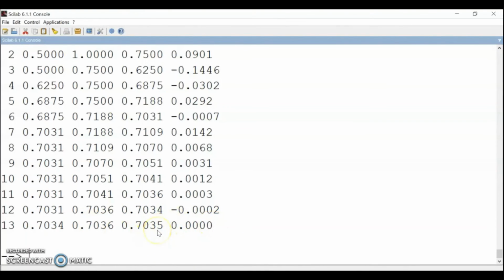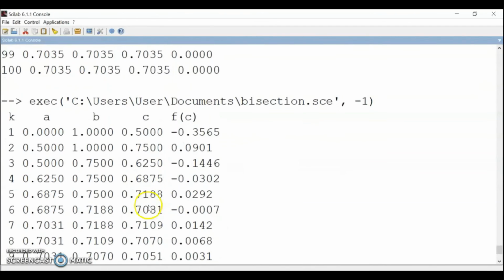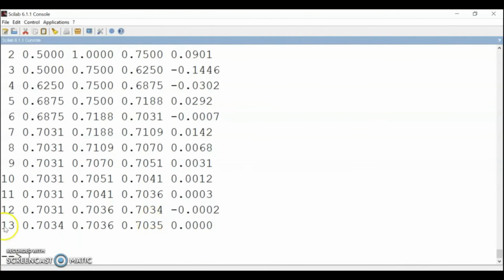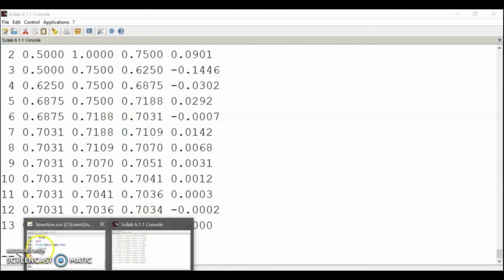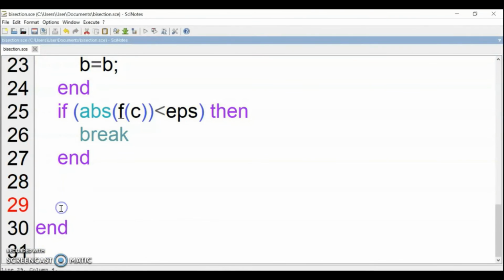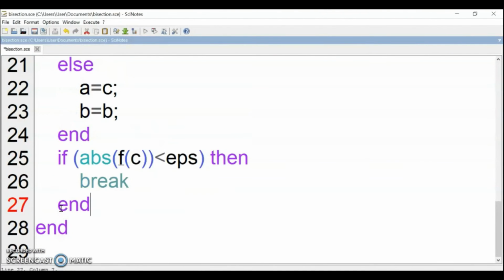My root is my C value here. So it requires 13 iterations. So I can actually add this thing if I want to.